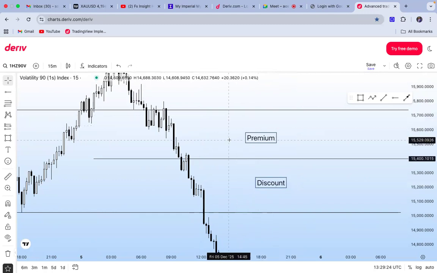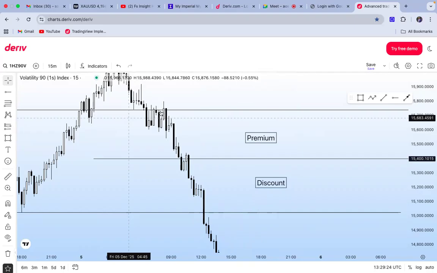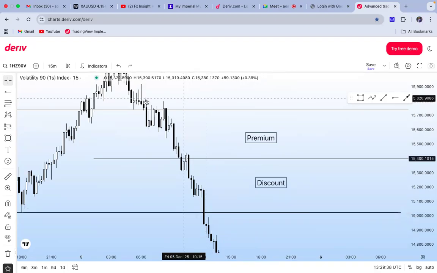So it is recommended you pick it within the premium zone rather than the discount zone. Most of the time I like to pick mine in the premium zone. I even want to catch it right from the onset, unless I don't see it on time. If I see it on time, I want to catch it from the onset so I can target more.